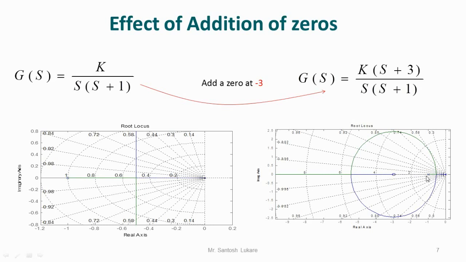The second branch of the root locus starts at s = minus 1. It travels towards the breakaway point. The root locus breaks away with the green circle as shown. Then again it breaks into the real axis and travels towards infinity on the real axis towards the left hand side.